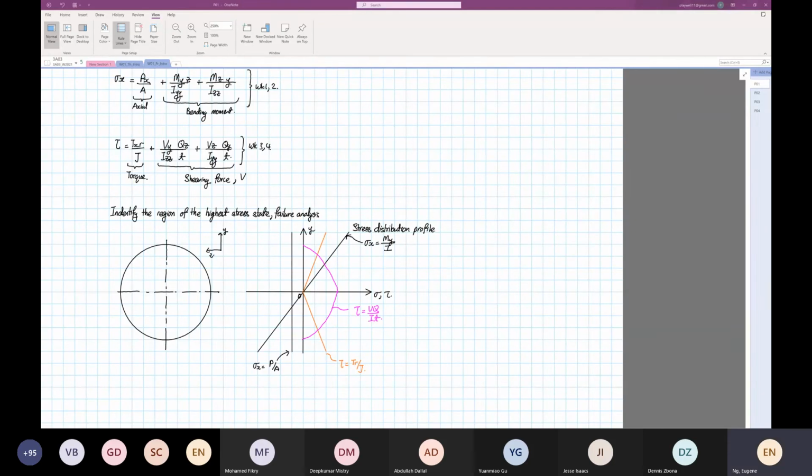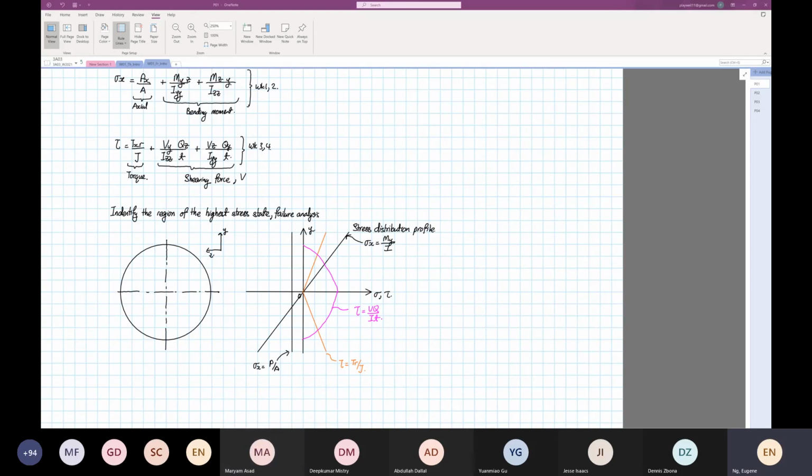Good morning. Why is VQ over It causing the most issue when compared to My over I or Tr over J? Anyone? Because it's max at 0. There you go.